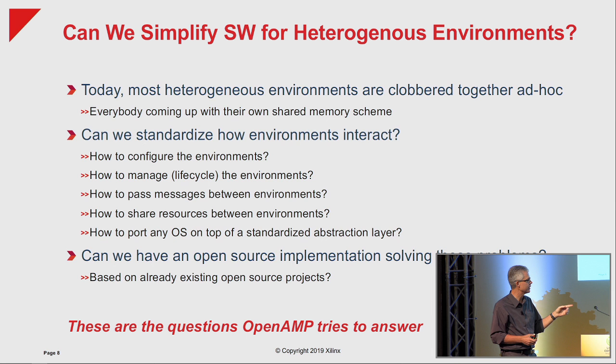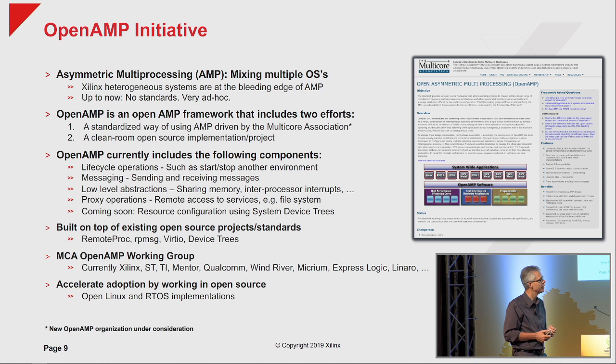So we have created something we call OpenAMP to try to solve some of these problems. The OpenAMP Initiative is something we started about 4 years ago, and we're really trying to drive standards through open source. We find that that's the fastest way to get synergy, is to have example code out there, right?